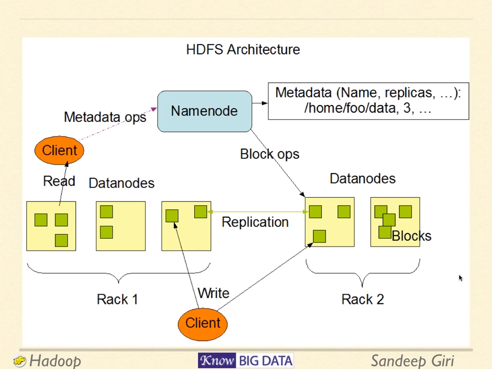Right. So how does the failover happen in case the name node dies or gets corrupted? The name node maintains a transaction log on the disk as well as a snapshot of the data.